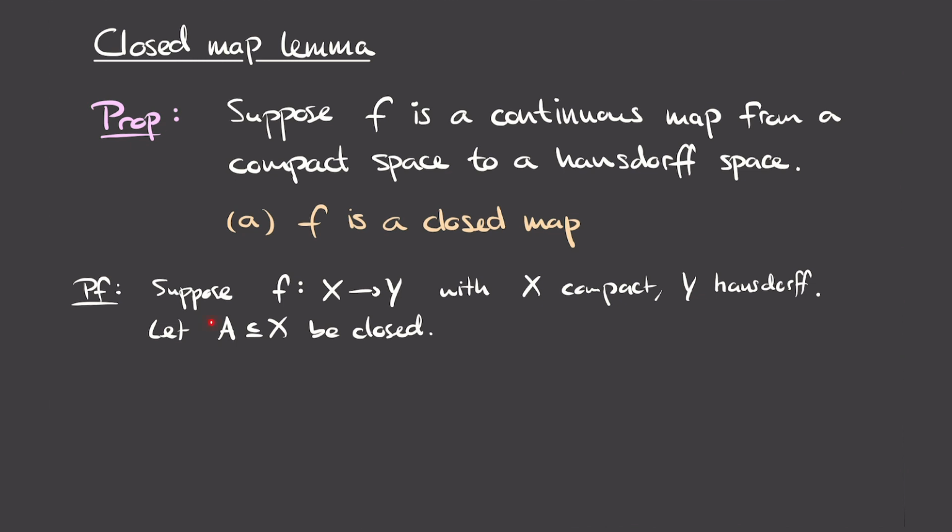Now we know that A is a closed subset of X, and moreover X is a compact space. And we saw in the previous video that closed subsets of compact spaces are again themselves compact. Therefore, since X is compact and A closed, we conclude that A is compact.